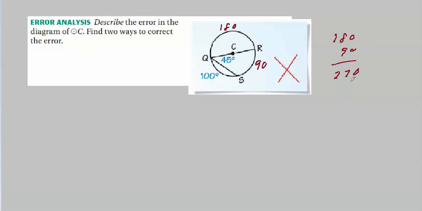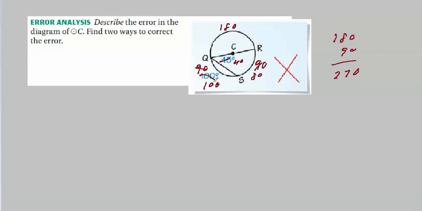Well, we could change this to 90. Everything would add up. Or suppose we left it at 100. Then this would have to be 80. If we change this to 80, and we can make this 40, that would work also, I think. 180 plus 260 plus 100 is 360. Yeah.